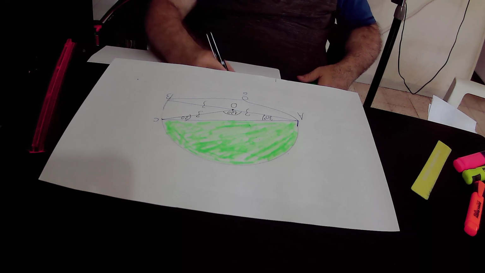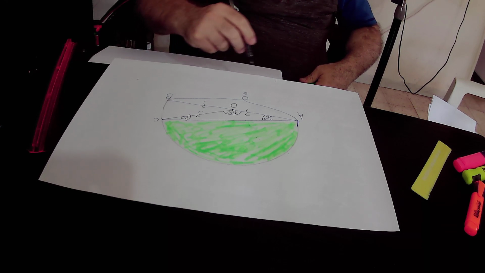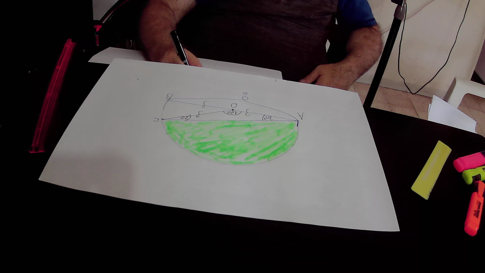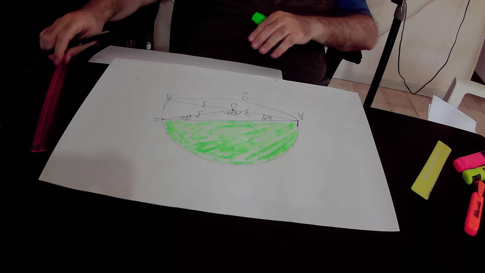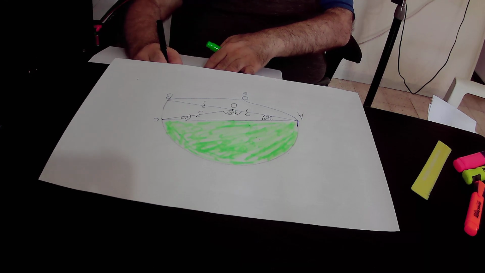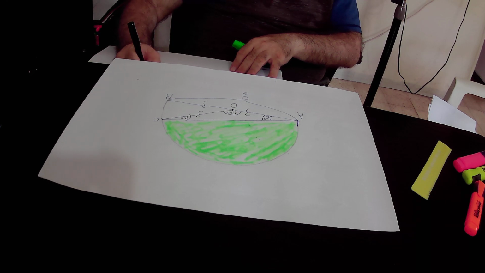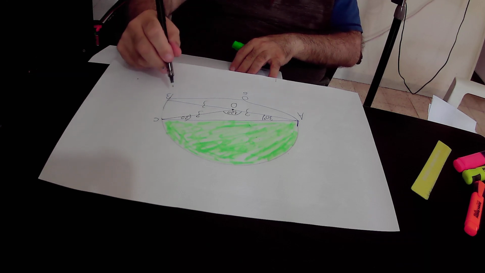The area of the green shape according to the second method is equal to the area of the semicircle minus the area of triangle AOC minus the area of sector BOC.